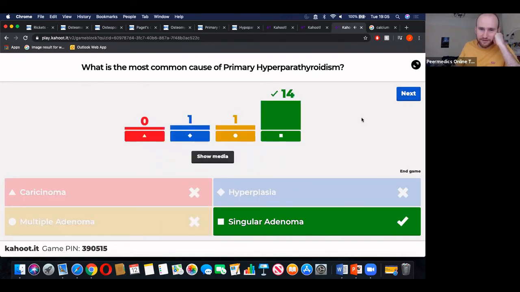Okay, good, well done. Everyone pretty much got that right. So yeah, your singular adenoma is correct there. Multiple adenomas you get with MEN more often. Carcinoma is incredibly rare, less than 1% get that.